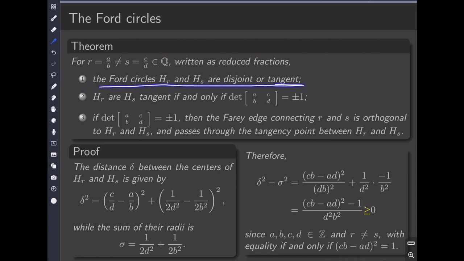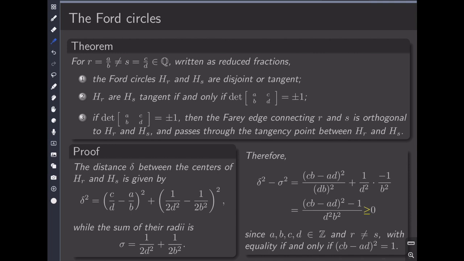So the first thing is that they never cross. The two Ford circles, they never cross. So they are either entirely disjoint or they are tangent. It cannot happen that one is inside the other, because they are both tangent to the real line.